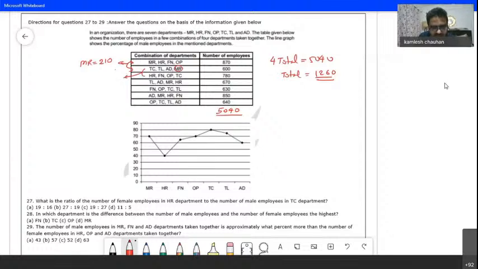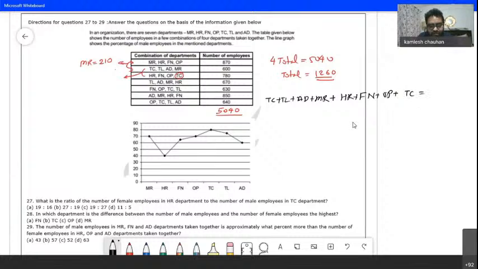Sum of all these, here we have TC twice. The rest are coming once each. What is the sum of everything? 1260. So I should write the equation. TC plus TL plus AD plus MR. Then I'm writing HR plus FN plus OP plus TC.